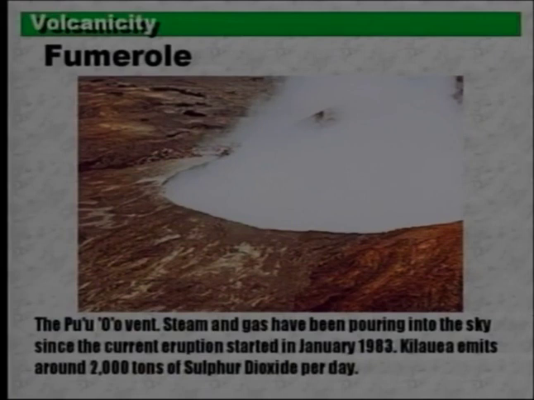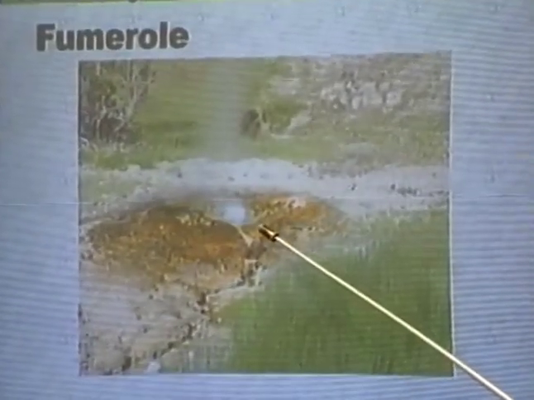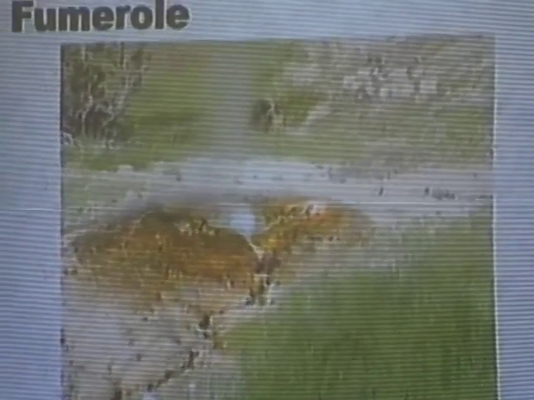It tells us from that diagram also that Kilauea, which is a volcano in Hawaii, emits around 2,000 tons of sulfur dioxide per day from this particular feature. Okay, we look at another diagram showing us a fumarole. Generally, the release of steam or gas from an opening as a result of volcanic activity will give us a feature known as a fumarole.